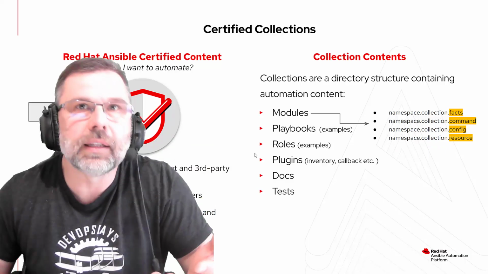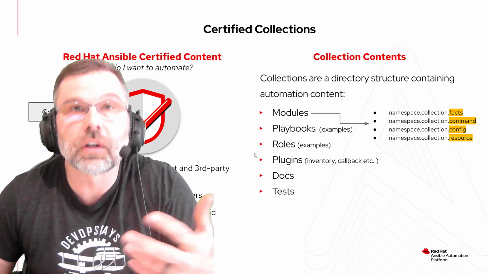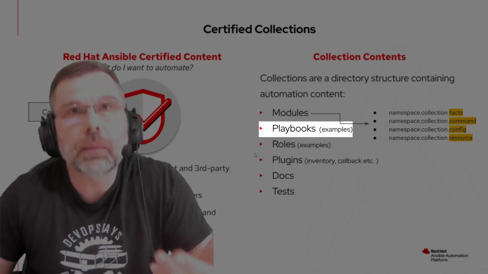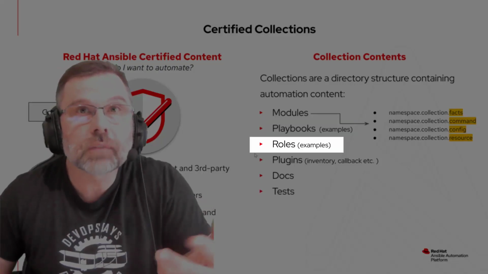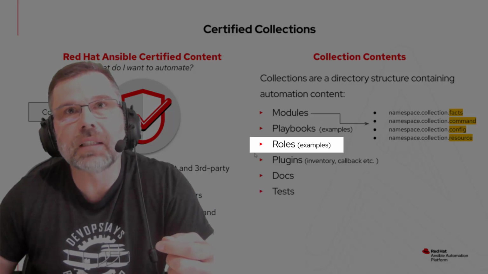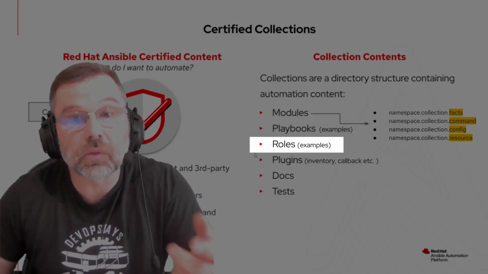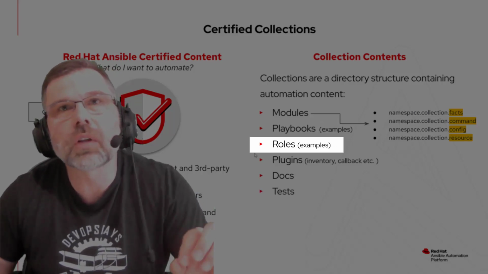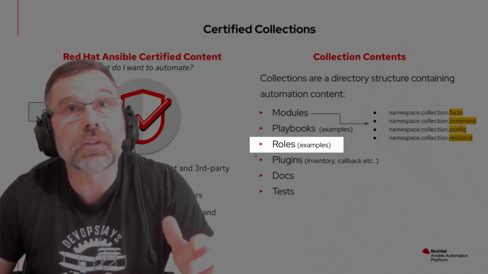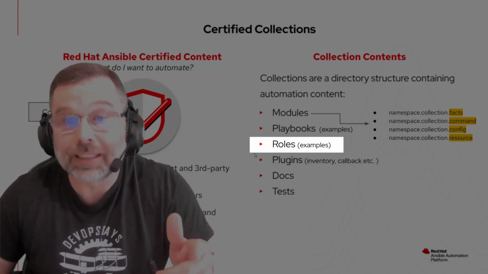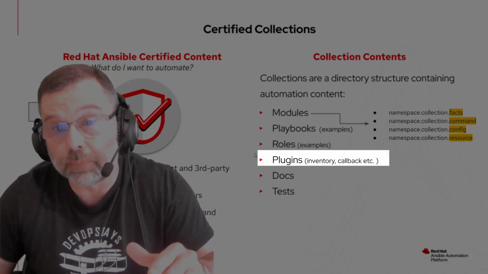Other things you'll find in a typical collection for certified content are example playbooks and example roles. A role typically is made to be repeatable and focuses on a use case. However, these roles are not as advanced as what we're going to discuss shortly with validated content and the roles that they provide.